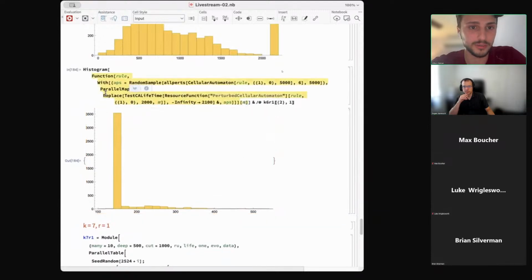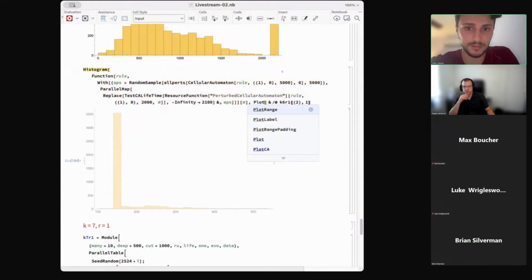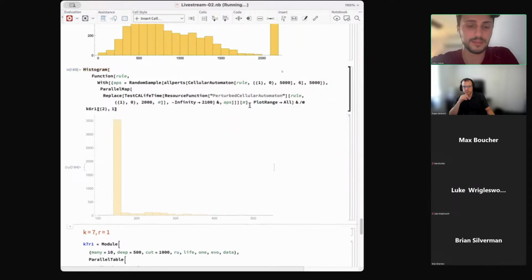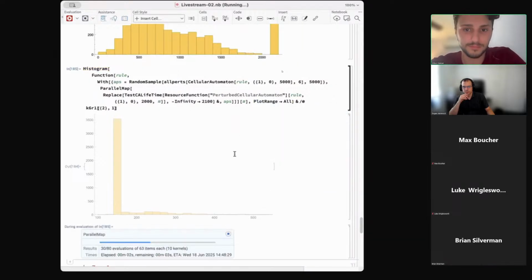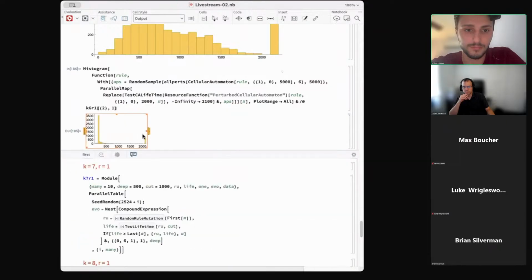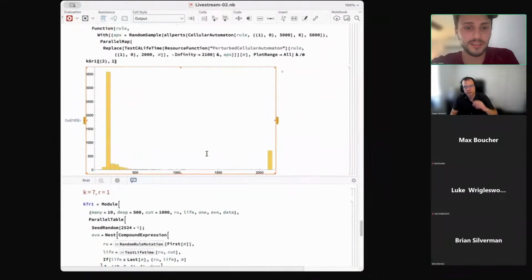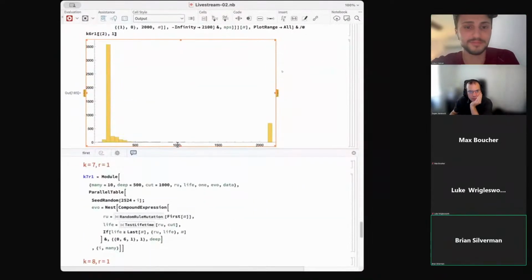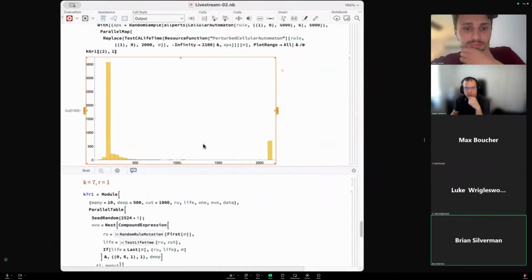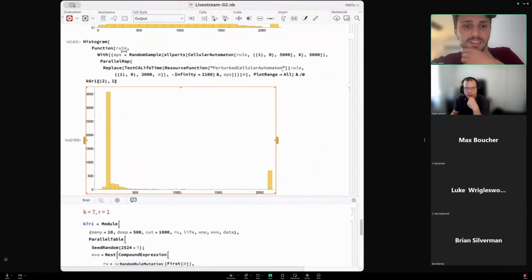We should also do a log to see the peak. Yeah, so that's that one. Again, not very... You could put a log in there. Oh yeah, that's a good idea.